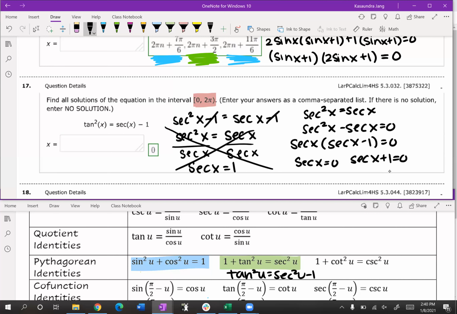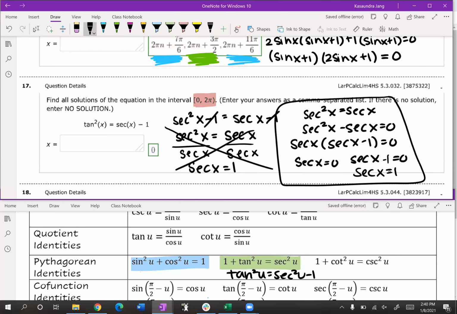Okay, so I would have gotten what this equation does, secant of x equals 1, but I would have been missing this whole other solution set over here. So for that reason, I need to make sure that I do this method where I factor. I don't want to divide by variables.